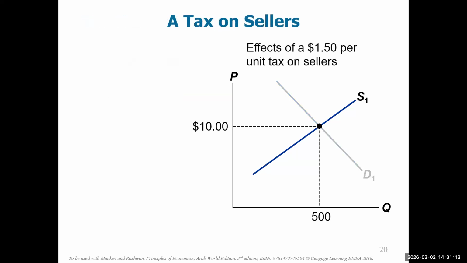Now they put a 1.50 per unit tax on sellers. So be very careful here. My question to you is, if they're going to put a tax on a seller, which line is it going to affect? Is it going to affect the supply line, or is it going to affect the demand line?